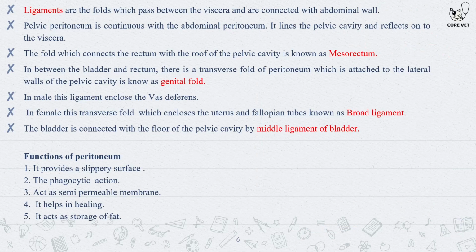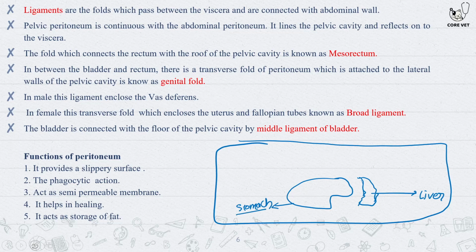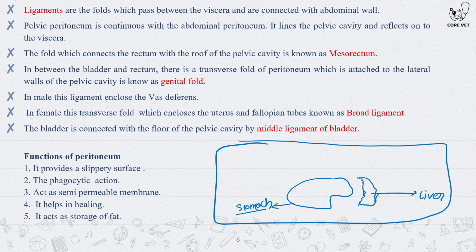For the explanation, let me see. Okay, so consider this to be the abdominal wall, right? This is your stomach. Here is the liver. This is the liver. This is the stomach, right? So, what is the omentum? You all know it is, like all the peritoneal lining, a fold of peritoneum. So, this whole is the greater curvature of the stomach.